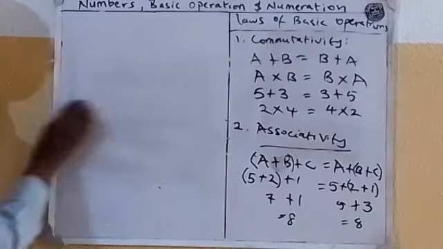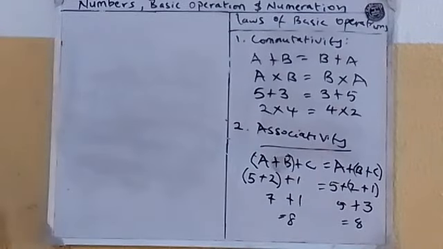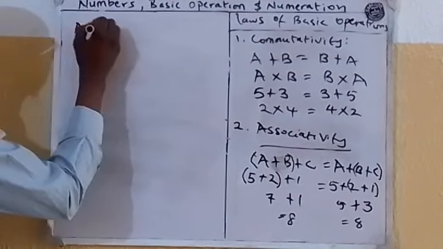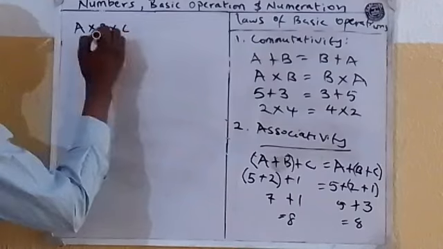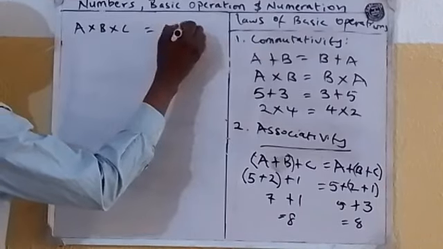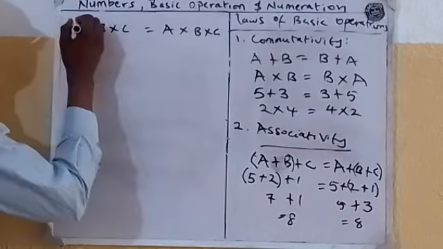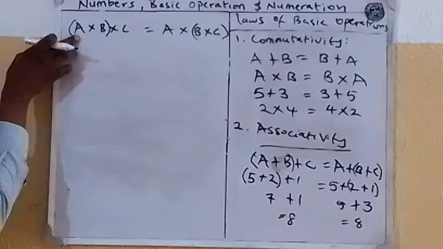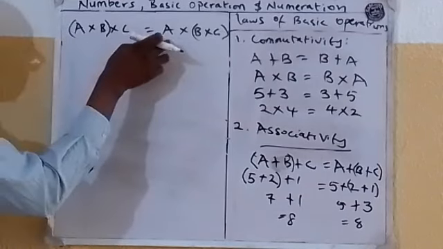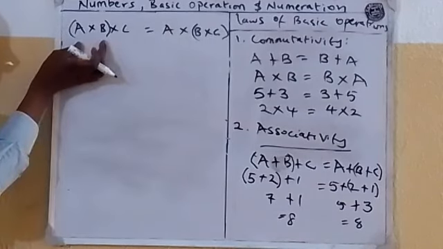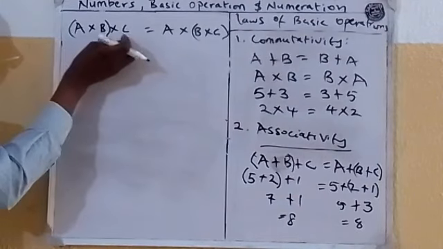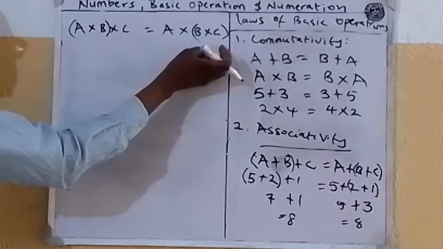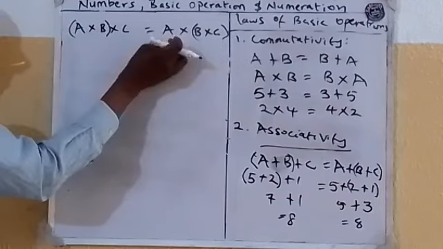Okay, I'm going to give an example of multiplication. A times B times C is equal to A times B times C. If I associate the first two, or associate the last two, A times B times C is the same thing, whether I work on A times B first before taking the result and working with C, or work with the last two and multiply by the first term.